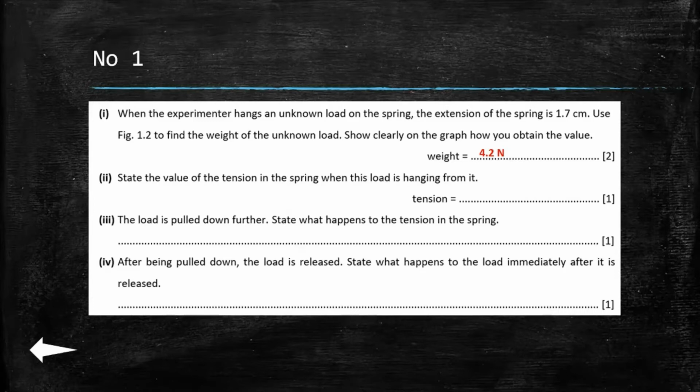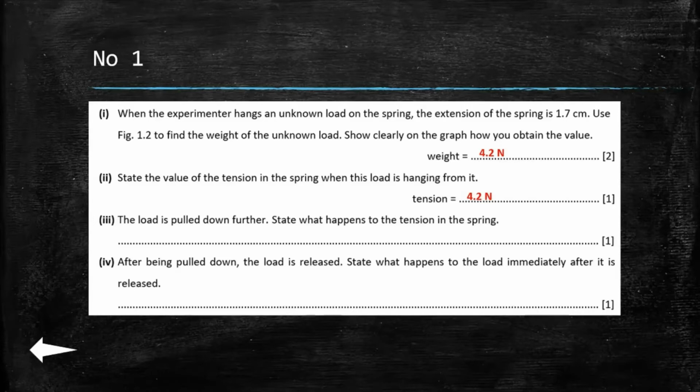Therefore, they will have the same value, so that the resultant can be equal to 0. Remember, the resultant of two opposite forces is the subtraction of their magnitudes or values. So, to answer this question, tension equals the weight or the load, which is 4.2 Newton.